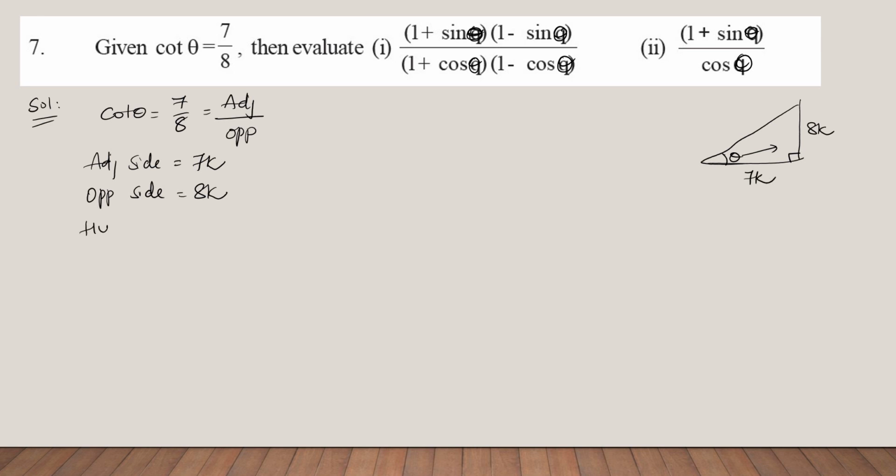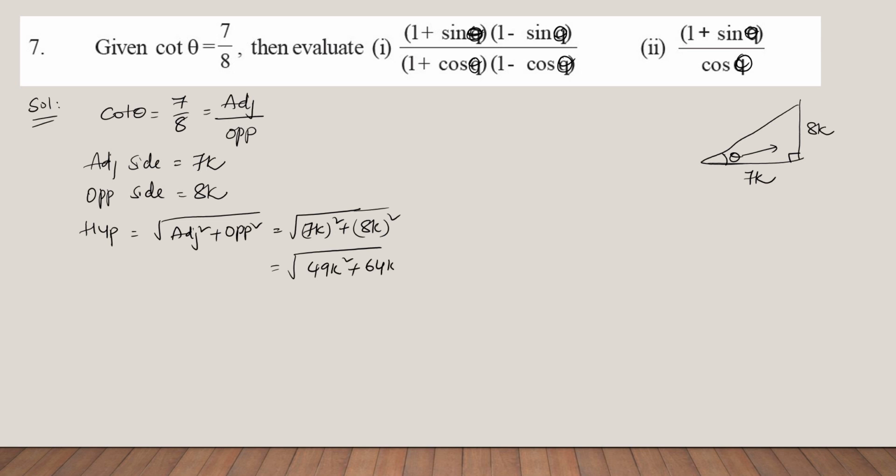Now what about the hypotenuse? The hypotenuse is nothing but the square root of adjacent side square plus opposite side square. So I can write it as 7k whole square plus 8k whole square, which gives me 49k square plus 64k square.